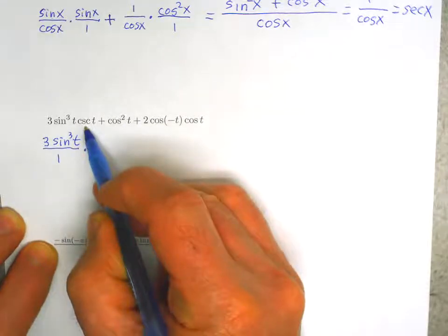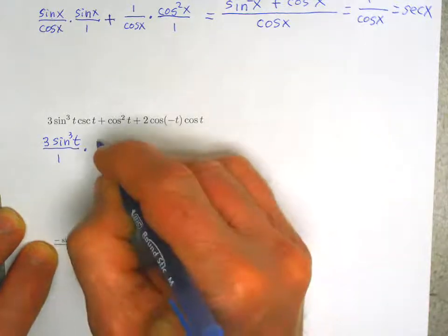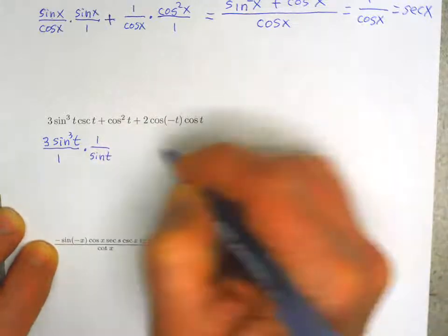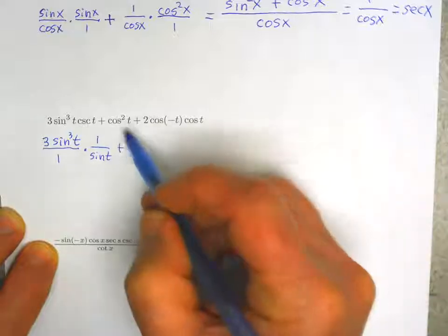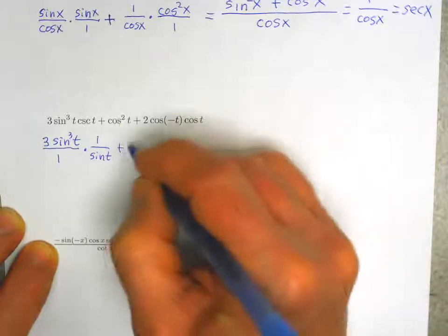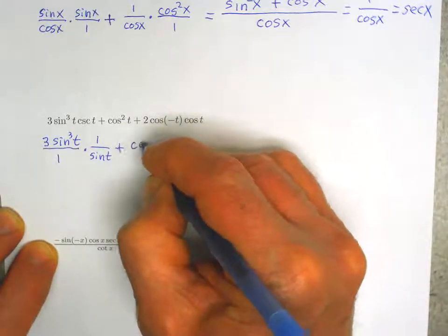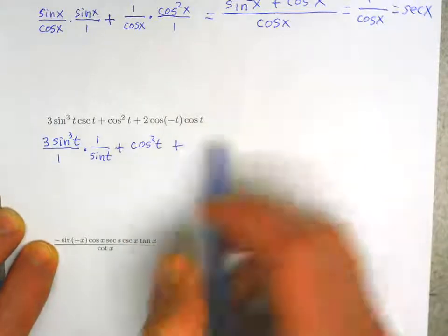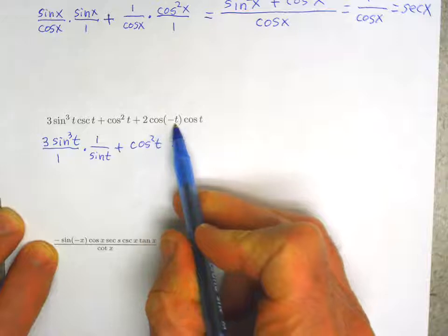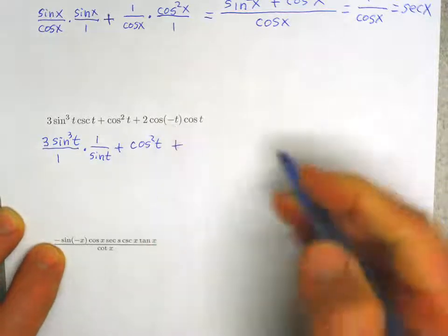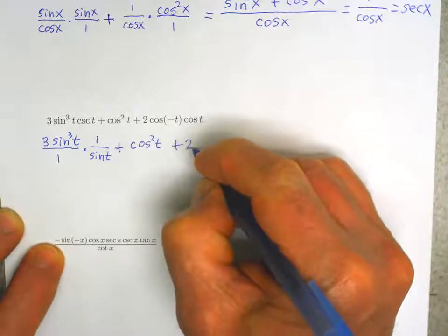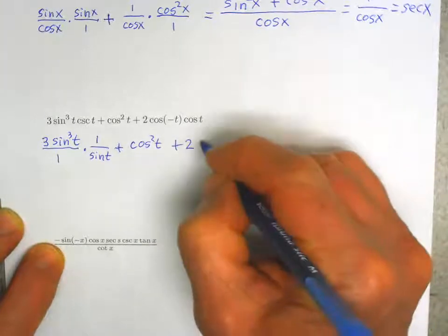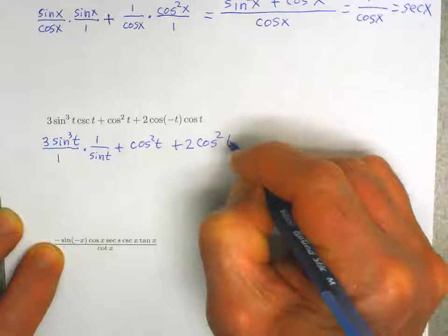But then I'm going to replace cosecant of t with 1 over sine of t. And for now, I'll just leave cosine of t squared the way it is. And then we remember that cosine of negative t is equal to cosine of t. So I'll go ahead and write plus 2 times cosine of t squared.